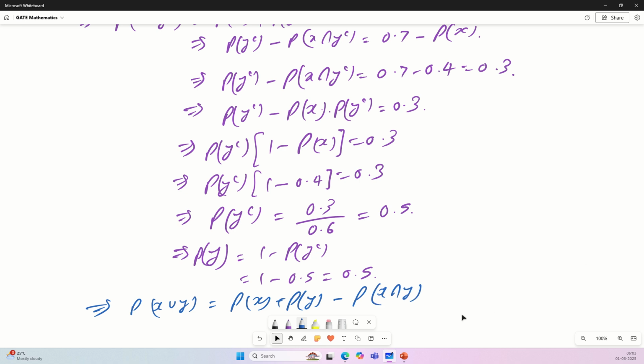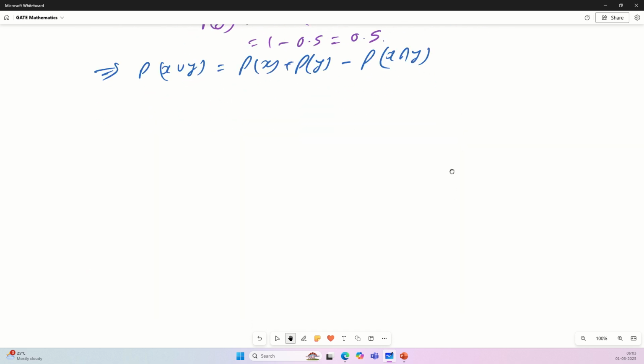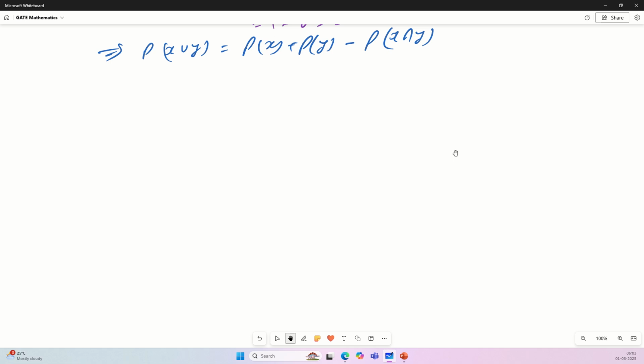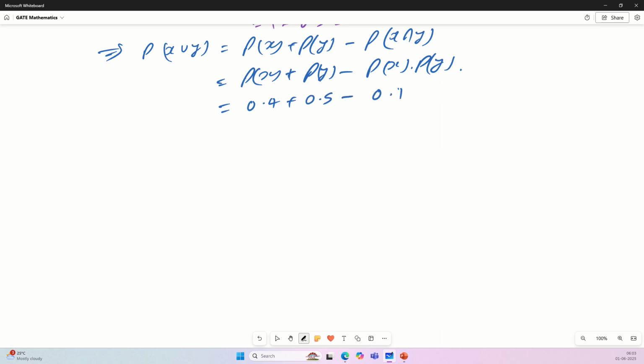And you know X and Y are independent. It means I can write it as probability of X plus probability of Y minus probability of X into probability of Y. And all these values we know already. Probability of X is 0.4 plus probability of Y is 0.5 minus 0.4 into 0.5.